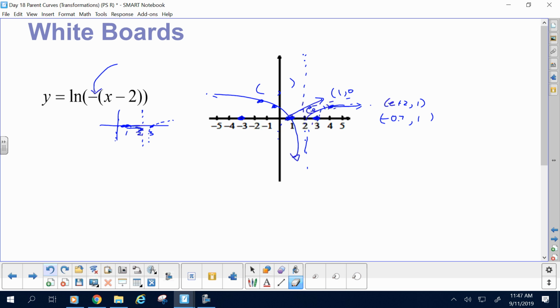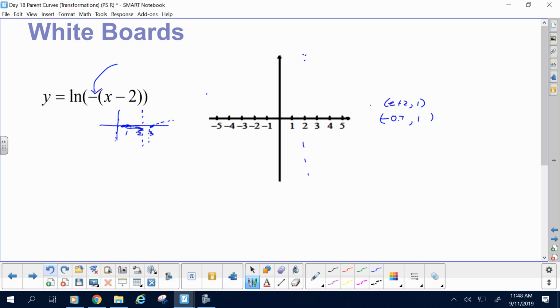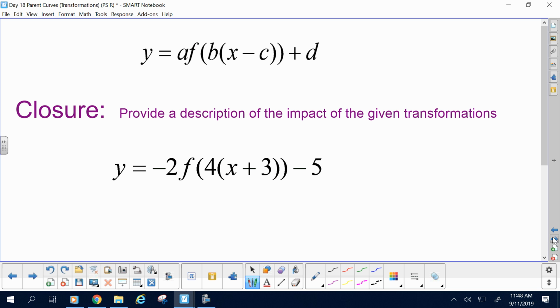No, oops. The asymptote was at 2, and our other point was 2.7 away from it, yeah? Now it's going to be flipped 2.7 to the other side of 2. 2 minus 2.7. That's where they're getting negative 0.7. Think of it in relation to the asymptote. So negative 0.7. That went great.